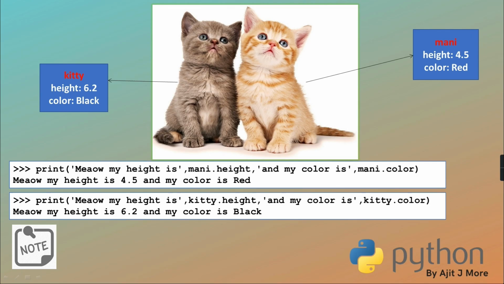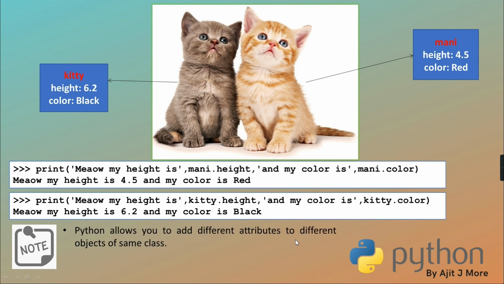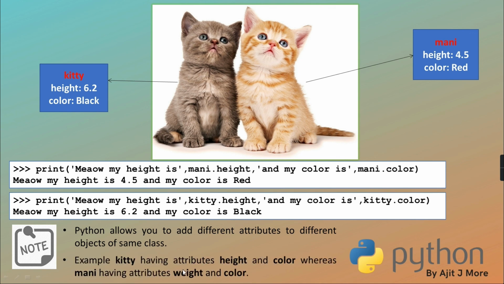So quickly we'll just go through that point and then we'll wind up with today's session. See, Python allows you to add different attributes to different objects of the same class. For example, Kitty has attributes height and color, whereas Money has attributes weight and color.